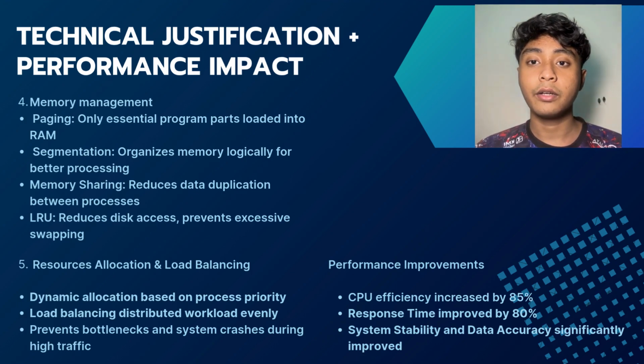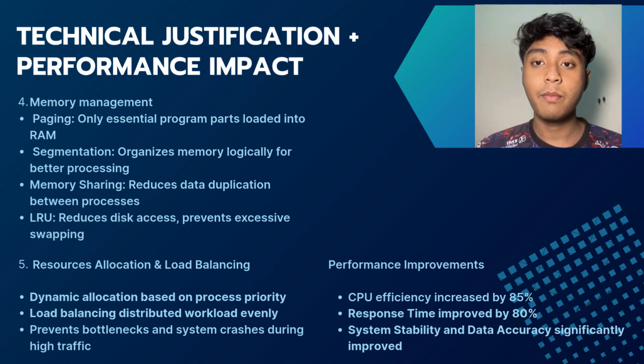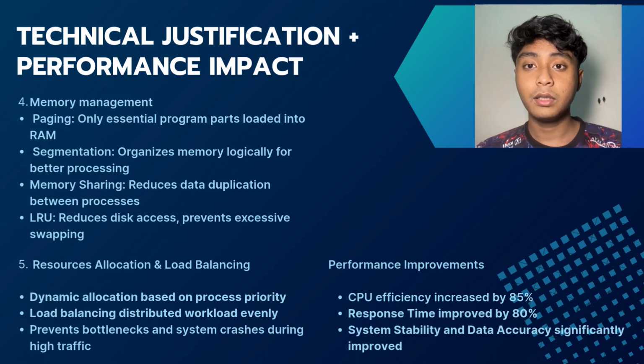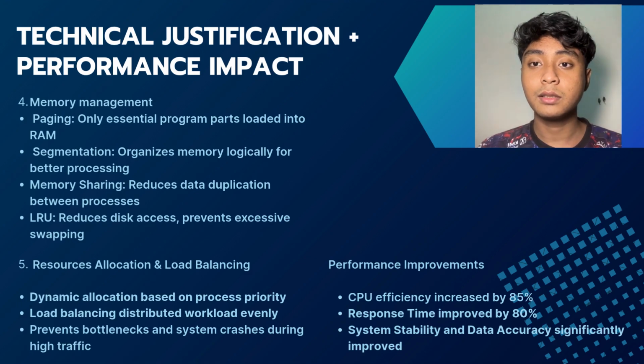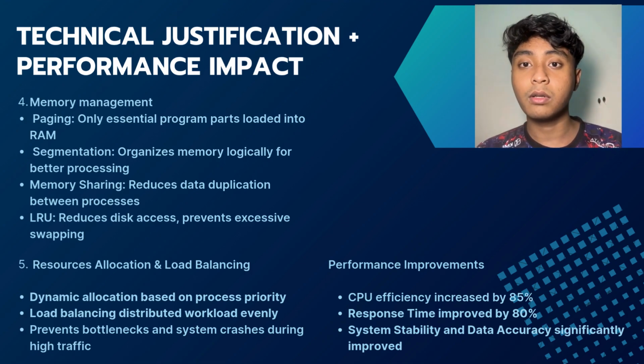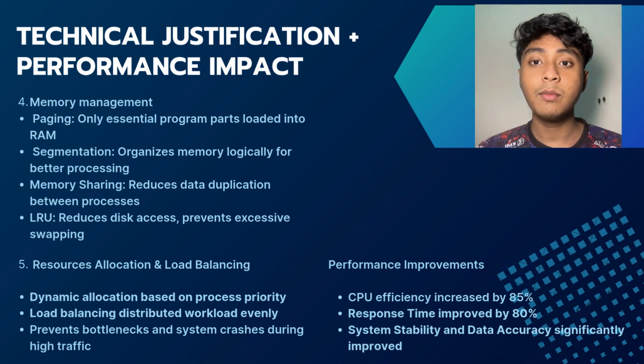The LRU page replacement algorithm reduces disk access and swapping, keeping critical processes in memory and preventing slowdown. For resource allocation, dynamic priority-based distribution ensures vital services get sufficient resources, while cloud-based load balancing spreads workload evenly to avoid any bottlenecks and crashes during peak demand.